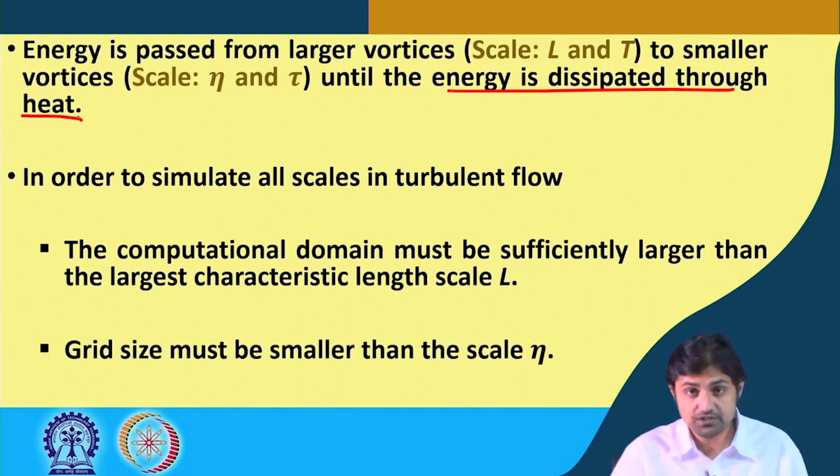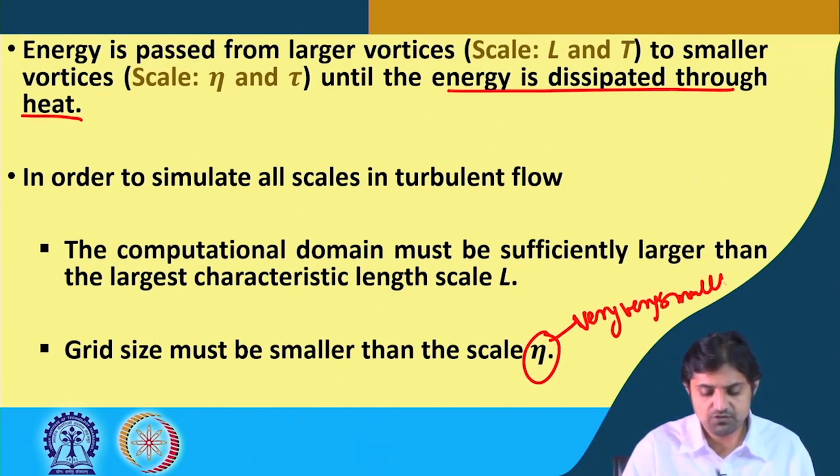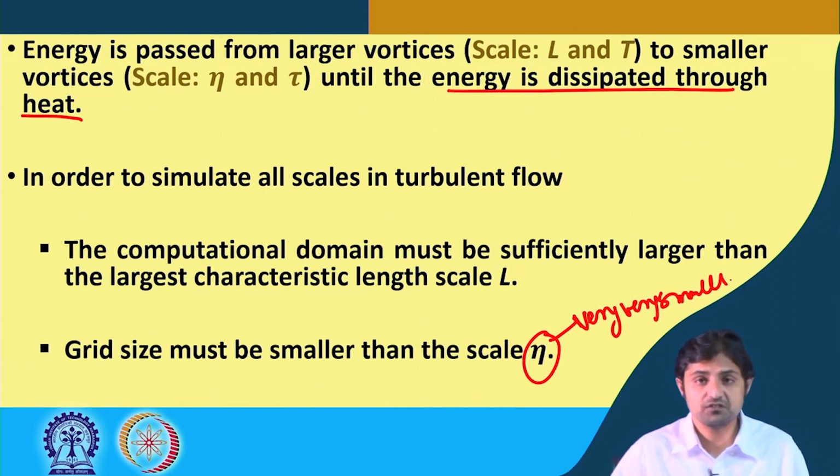But also it is important that the grid size must be smaller than this. It is very small, of the order of 10 to the power minus 5-6 meters, and the length scale is typically of the order of, let us say, 1 or 2 meters, or 10 to the power 1 meter, let us say. Okay.